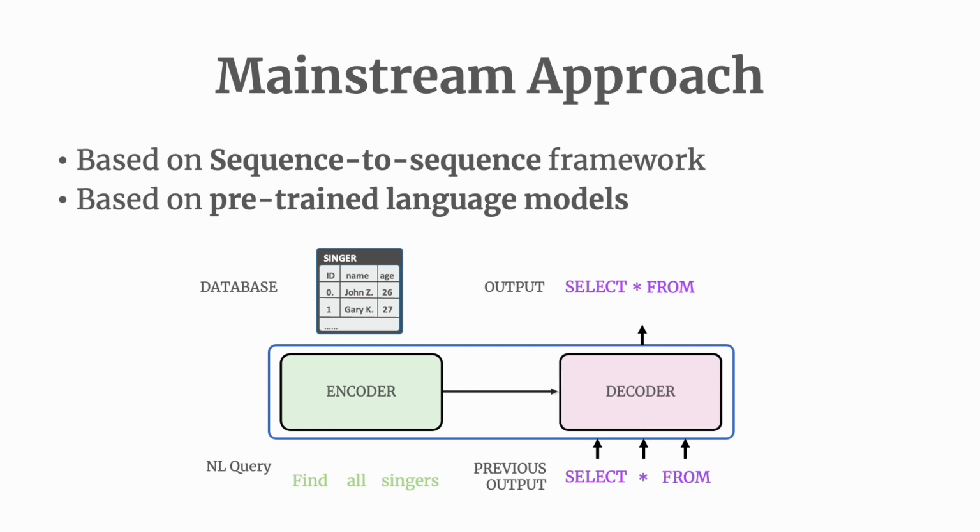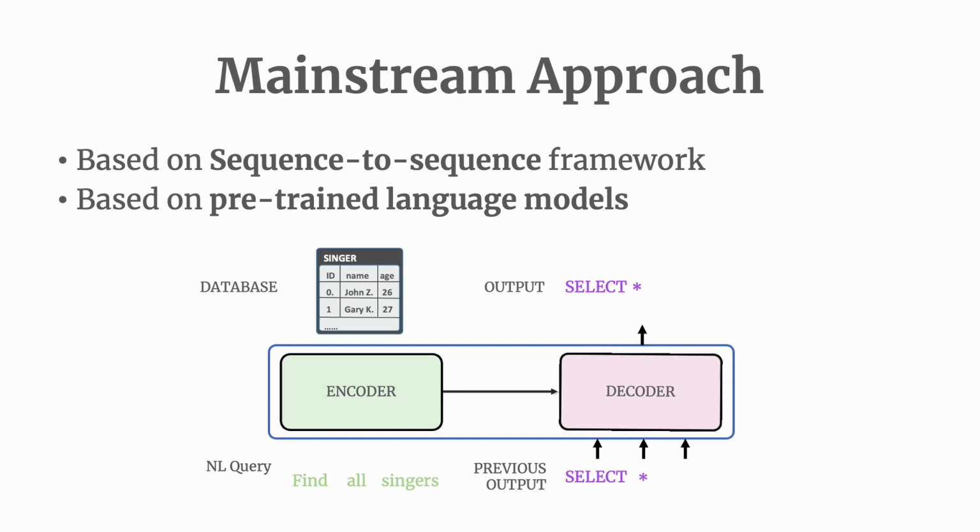As you can see here, the encoder receives the given NL query as input, and depending on different model designs, the database schema will also be encoded properly, either by an actual encoder or by sharing the same one as the NL query.